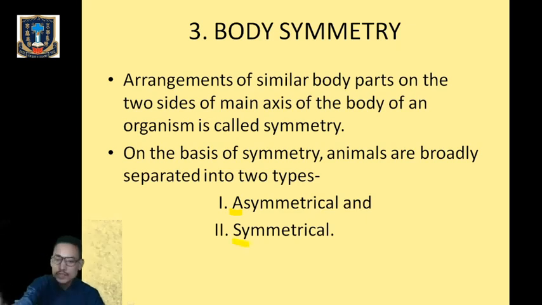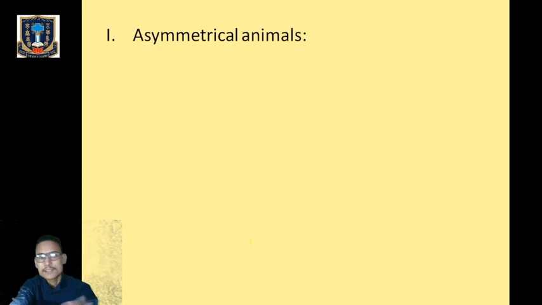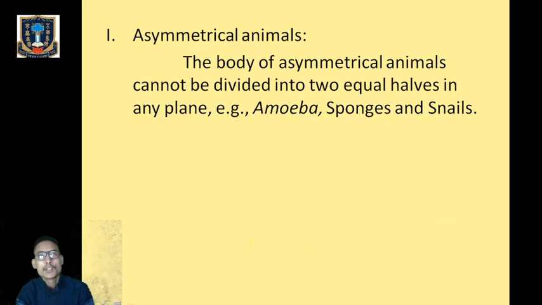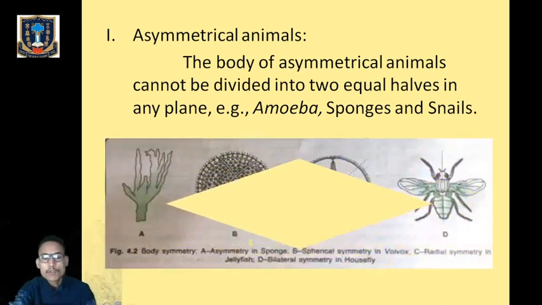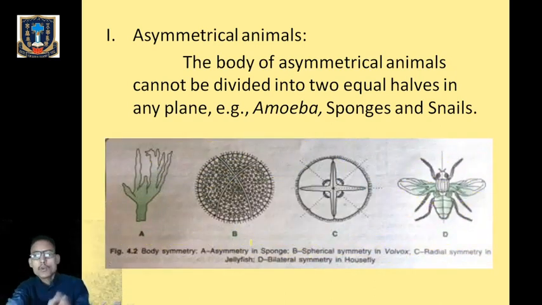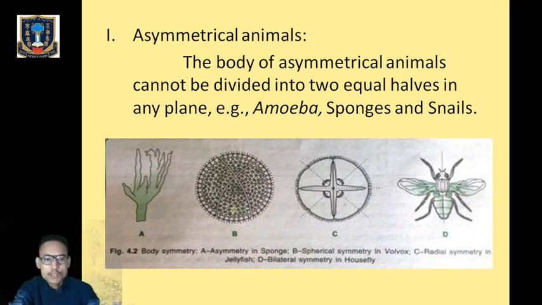Okay, so let's go through it. What do asymmetrical and symmetrical animals mean? First one, we have got asymmetrical animals. The body of asymmetrical animals cannot be divided into two equal halves in any plane. If you try to cut sponges into two equal halves, look over here, this is the sponge, figure A. Figure A is the sponge, where we are talking about an asymmetrical body form, where the animals cannot be divided into two equal halves when we cut from any plane, from any direction.